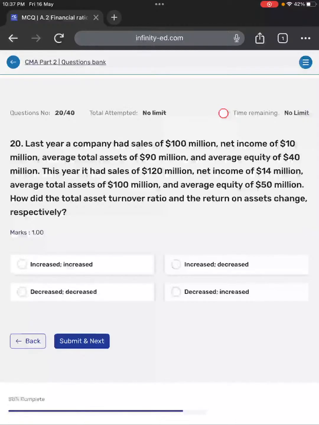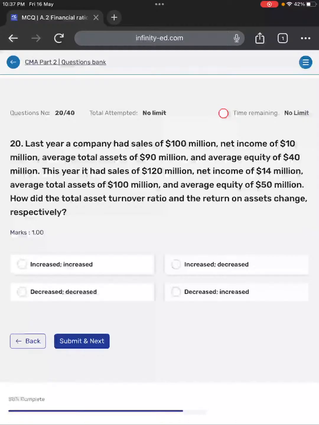Average equity was 40 million. This year it had sales of 120, so sales increased, net income increased, total assets also increased, and average equity also increased.